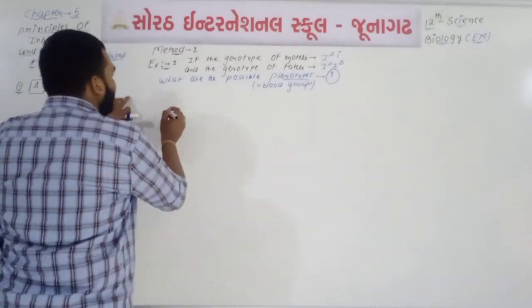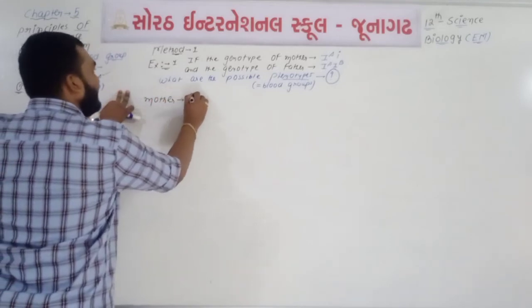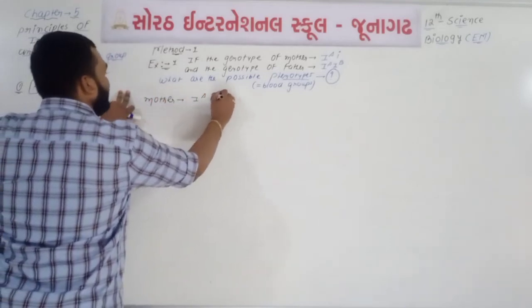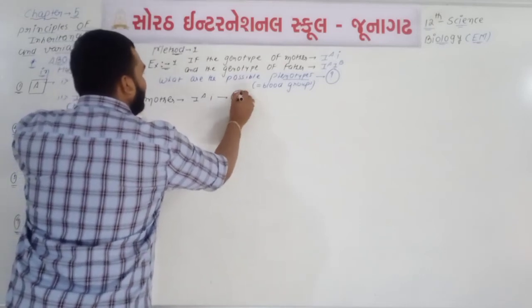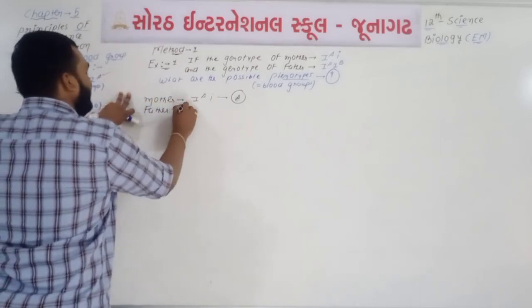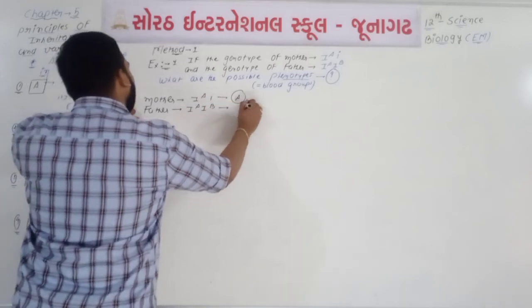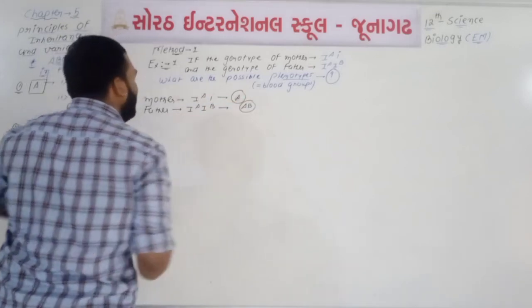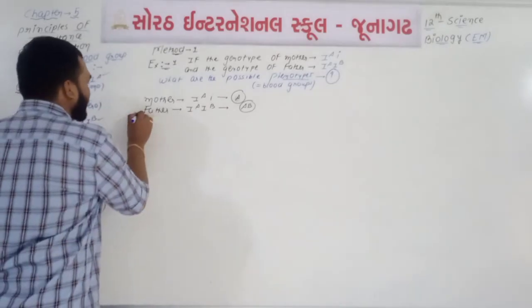Mother having genotype I^A small i, so the phenotype of mother will be blood group A. And if we talk about the father having genotype I^A I^B, so blood group will be AB. Okay, now see, we will use the same method of monohybrid cross.